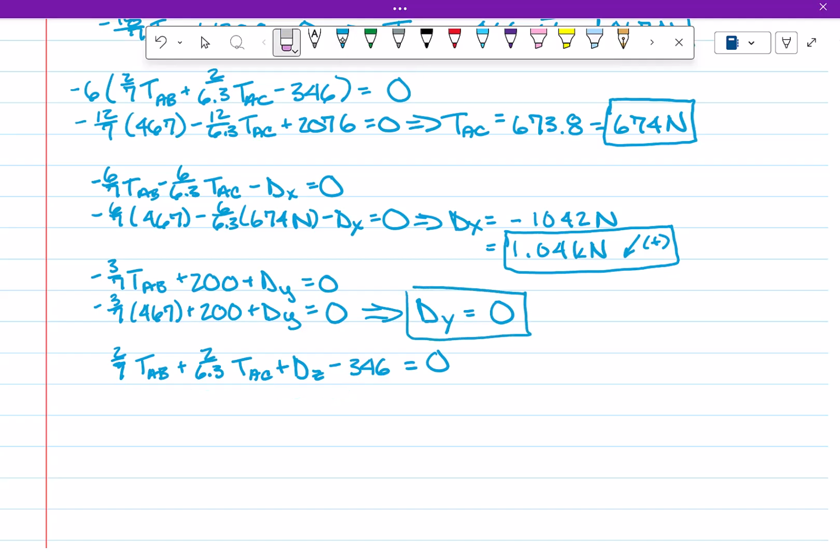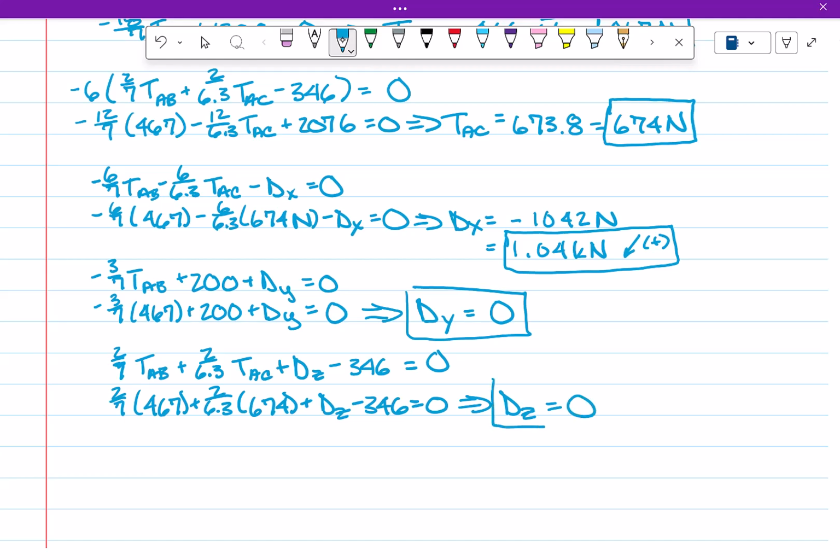Oh my goodness. Plus dz minus 346. Here's another one. dz equals 0. Well, so my original supposition that it was going to move in a certain direction was completely incorrect, because dy and dz are 0.